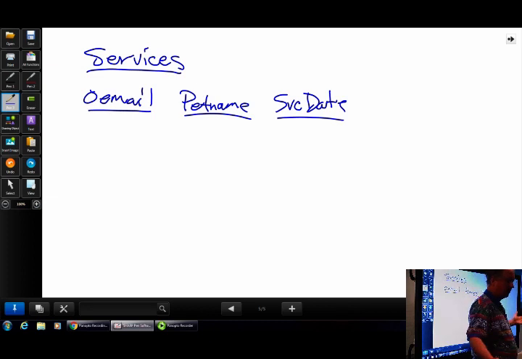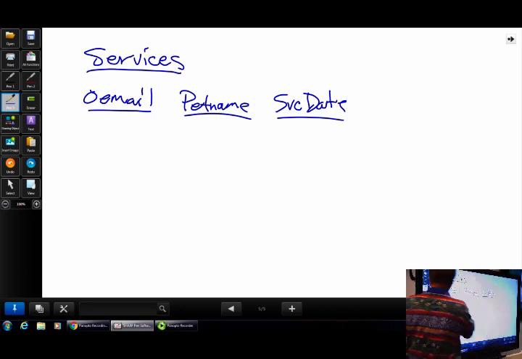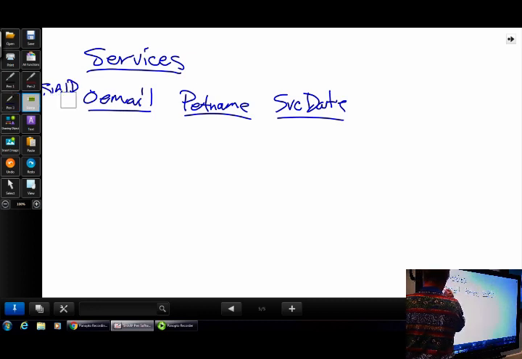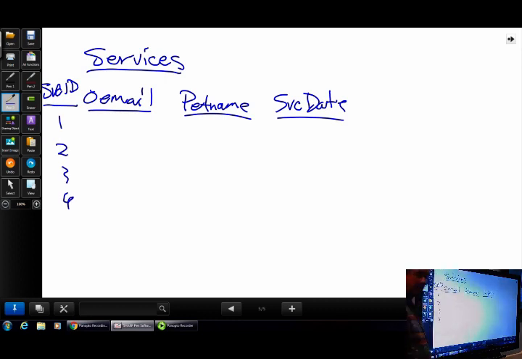So that doesn't work. So what you end up doing is you might create a service ID, which has 1 for the first, 2 for the second, 3, 4, just an auto number field that's going to create an ID number for you.